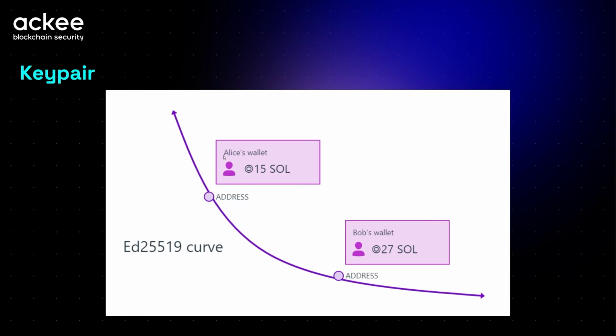So you can see we have Alice's wallet, 15 Sol, and it is this point on the curve. Then you have Bob's wallet, 27 Sol, and it is another point on the curve. You can have someone else's wallet, and it will be somewhere here, and here, and here, and so on.